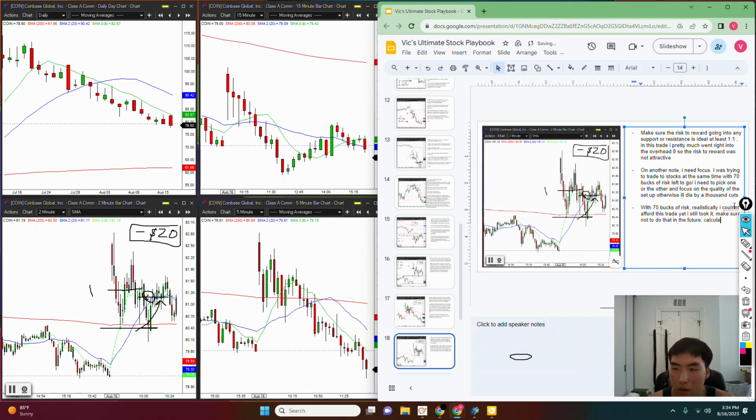Calculate the bar's range, and if it fits and it's a valid setup, take it with no hesitation, no reservation.